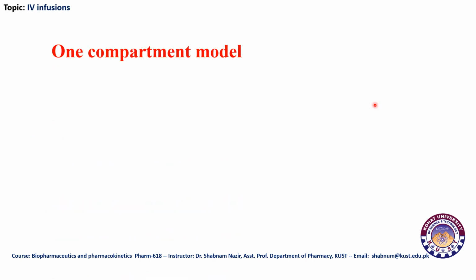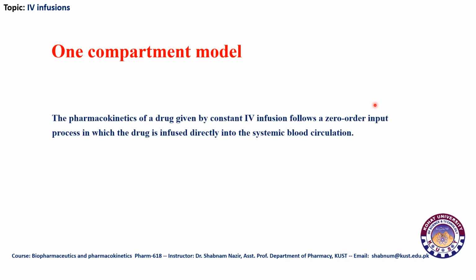So we try to understand the pharmacokinetics of intravenous infusions through the one compartment model. The pharmacokinetics of a drug given by constant intravenous infusion follows a zero order input process, in which the drug is infused directly into the systemic blood circulation.